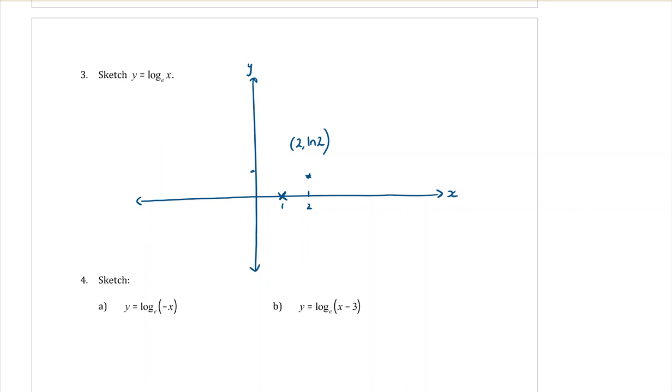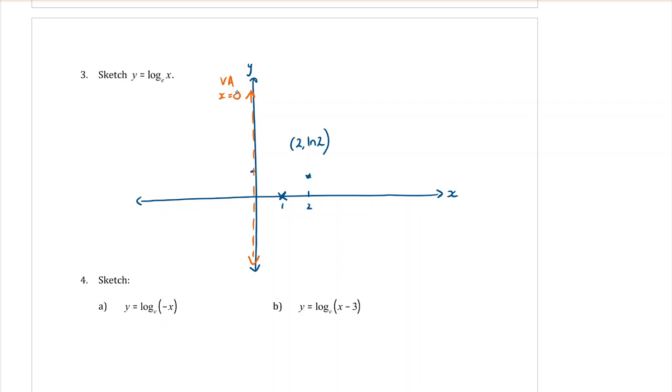Now, obviously that's only 2 points. We don't want to be subbing in points here forever. What do you think is going to happen? What is happening with that 0? We had an error there at 0 when we put that in. Yeah? It is a vertical asymptote. So 0 is a key point, so we want to draw a vertical asymptote down here, VA for vertical asymptote at x equals 0.